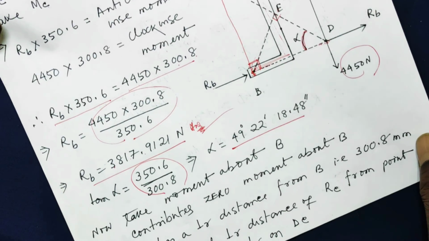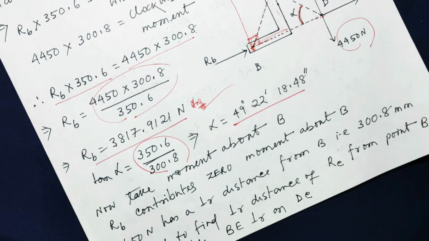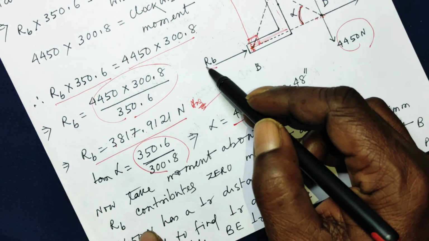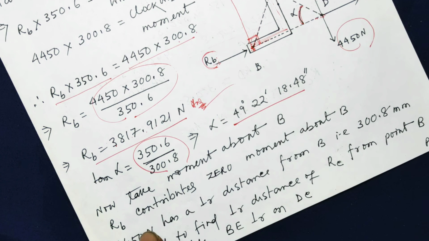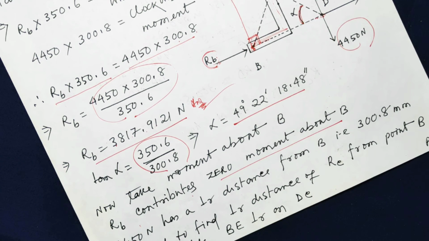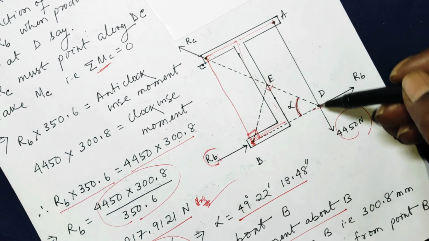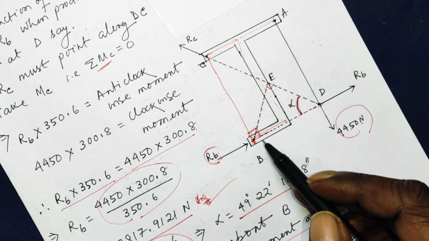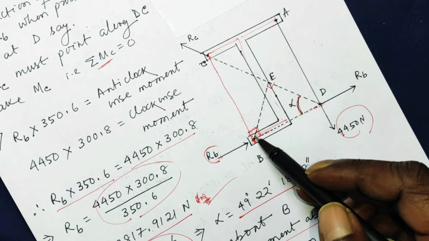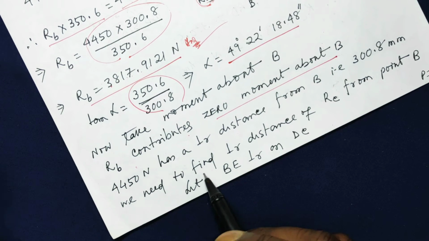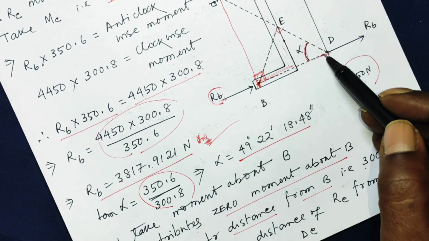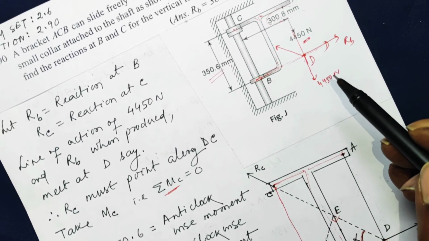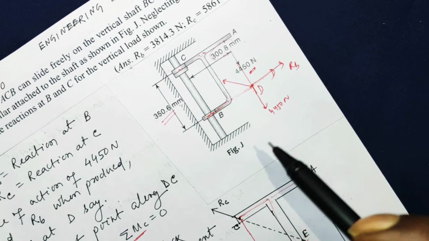Now we'll take the moment about the point B. RB is passing through the point B, meaning RB does not have a perpendicular distance from point B. So RB does not contribute any moment about point B. RB contributes 0 moment about B. But the 4450 Newton load has a perpendicular distance from point B, which is the same as this length.